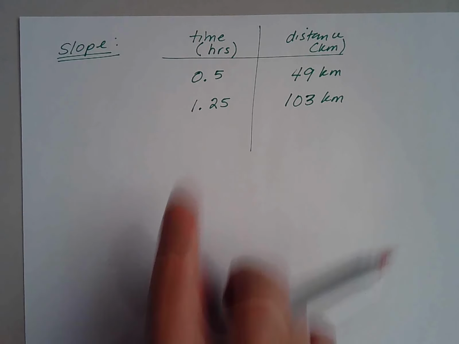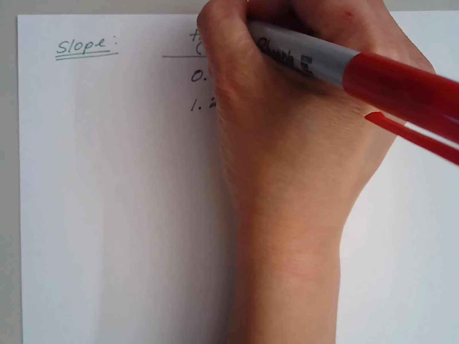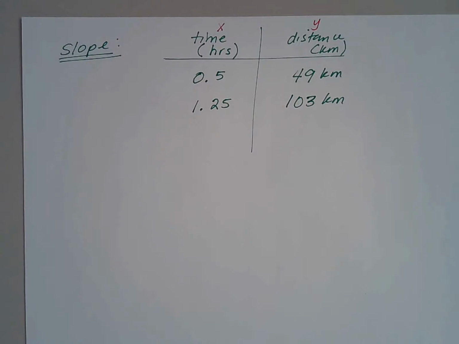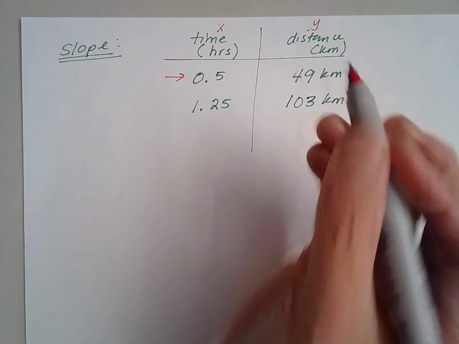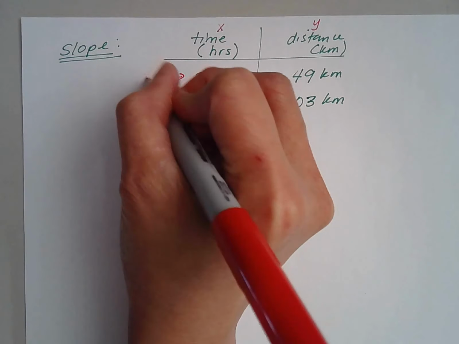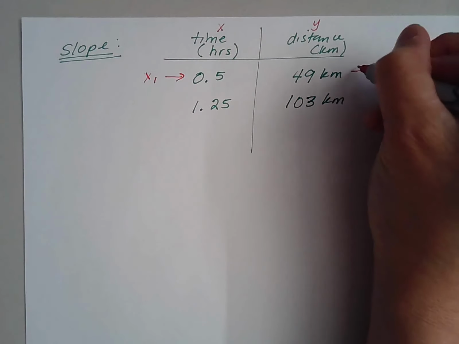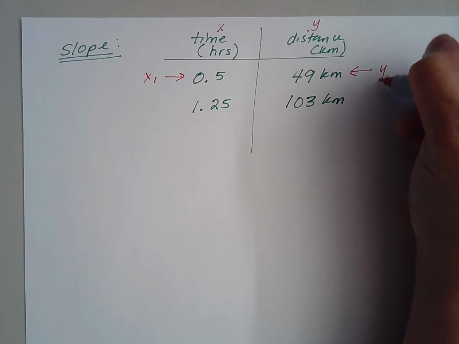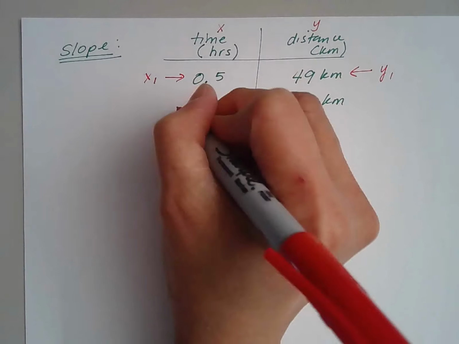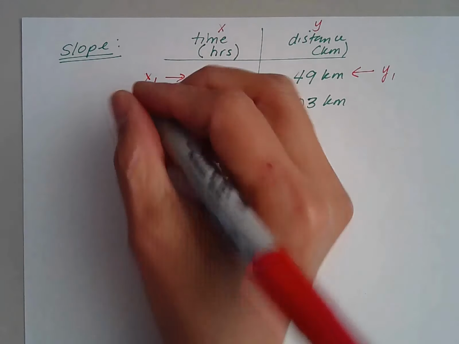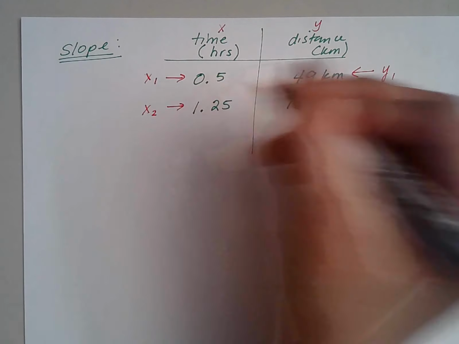Okay. This is our X. This is our Y. Yes? So this one would be our X1. And this one is your Y1, right? This one is X2, second time.